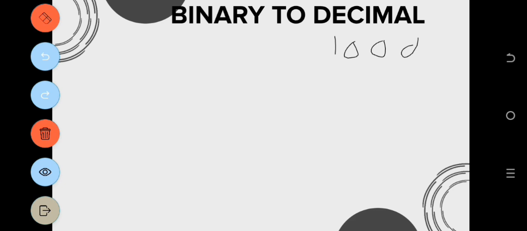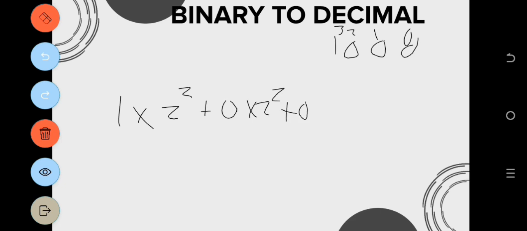Like the notation of which number this is, 0, 1, 2, 3. 1 times 2 raised to the power of 3 plus 0 times 2 raised to the power of 2, plus 0 times 2 raised to the power of 1, plus 0 times 2 raised to the power of 0. Let's continue the computation.